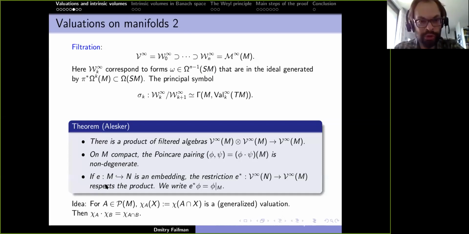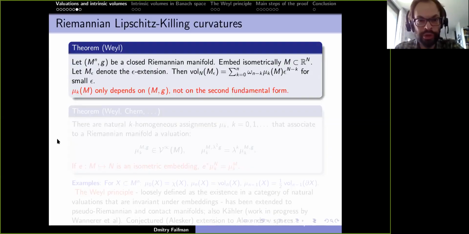of Riemannian manifolds. So first, the theorem that appeared first is due to Weyl, and Weyl noticed the following remarkable thing. You take a Riemannian manifold, say a closed Riemannian manifold M, and you embed it isometrically in some large dimensional space.